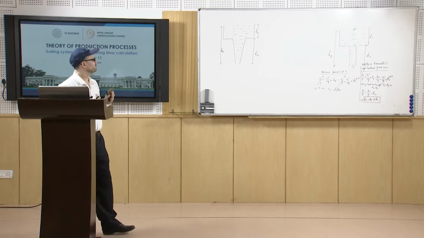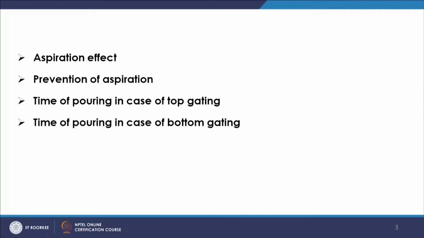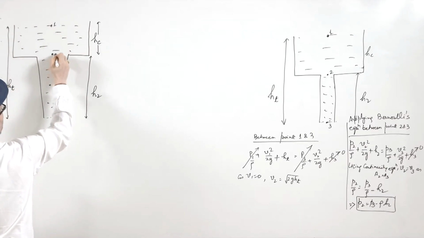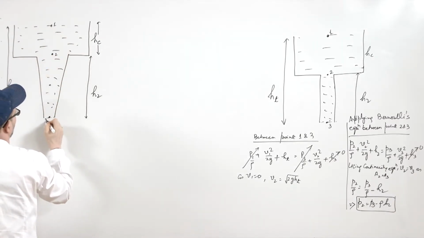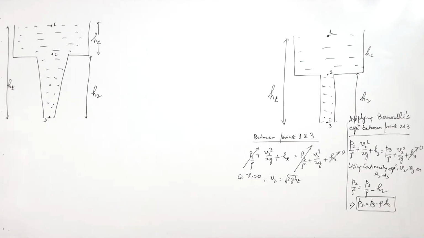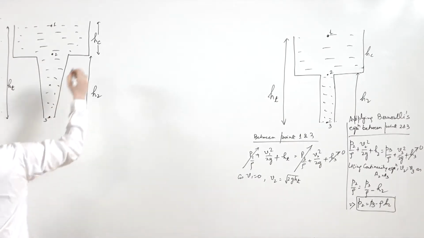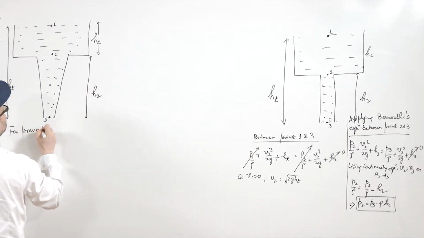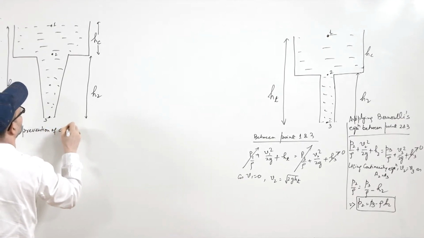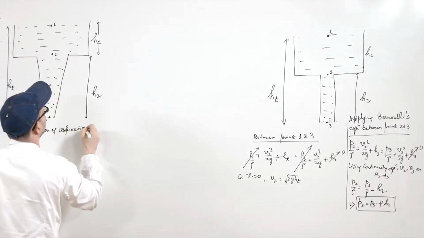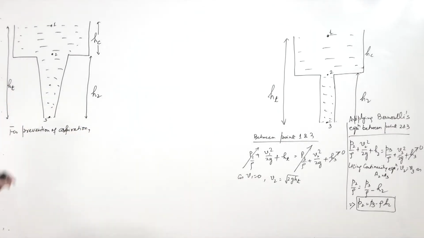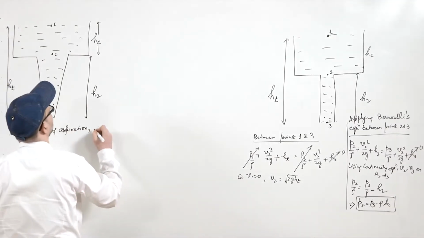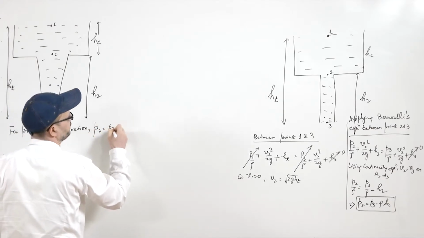No aspiration means, if this is point 1, this is point 2 and this is point 3, for prevention of aspiration. Actually, aspiration occurs only because there is less pressure here than atmosphere, which is the pressure here. So, for prevention of aspiration, you have to have P2 as P3.